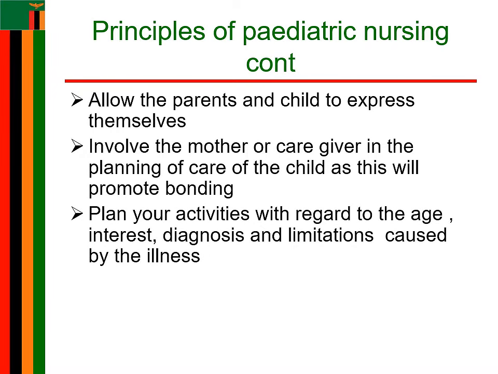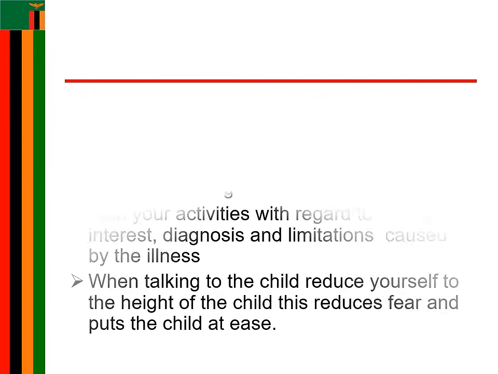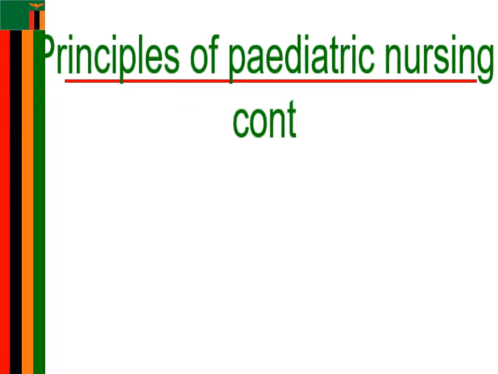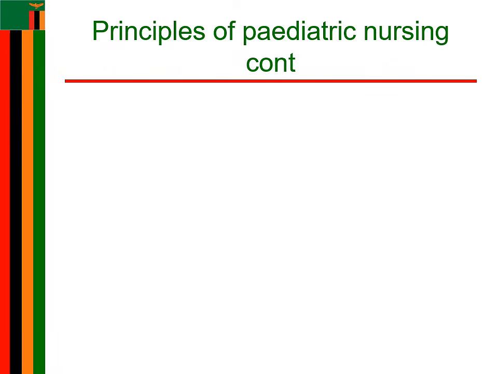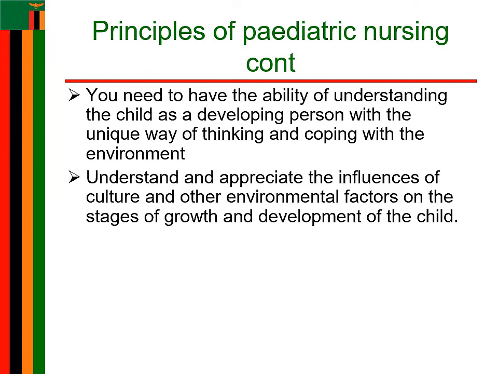Apart from those principles, the other thing that you should do is that you need to have the ability of understanding the child as a developing person with a unique way of thinking and coping with the environment. You should also understand and appreciate the influences of culture and other environmental factors on the stages of growth and development of the child.